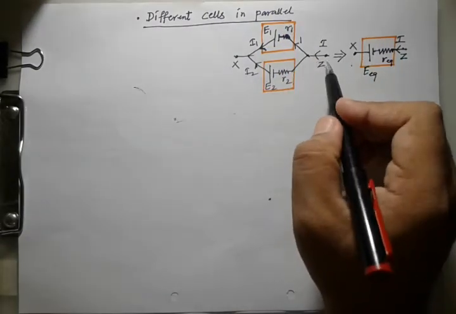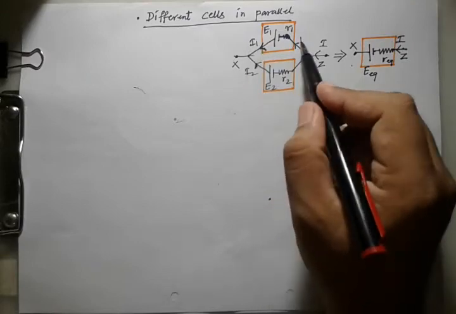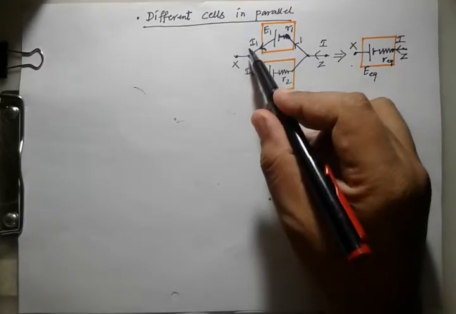From here you can see the current I has divided into two parts, I1 and I2.